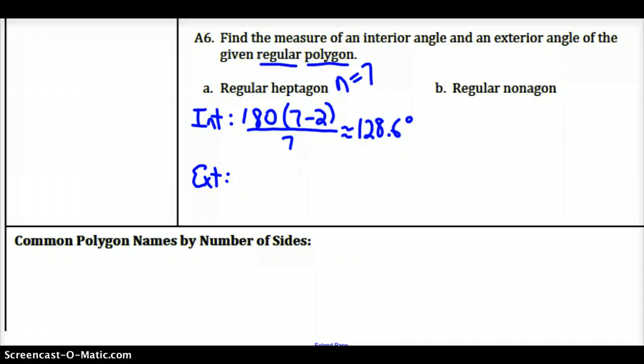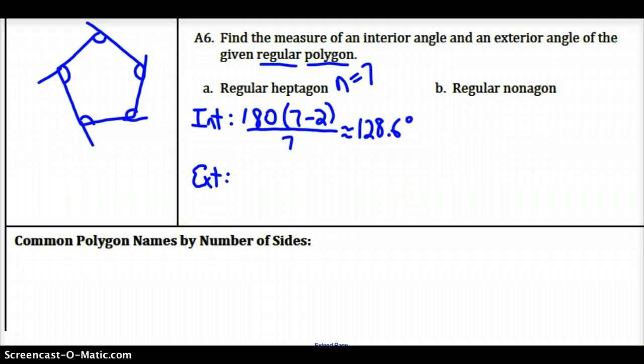Again, if I did a regular pentagon, it would maybe look like this. These sides are all the same. And these exterior angles will be all the same. So here I got 360 for exterior divided by 7 will come out to be approximately 51.4 degrees.